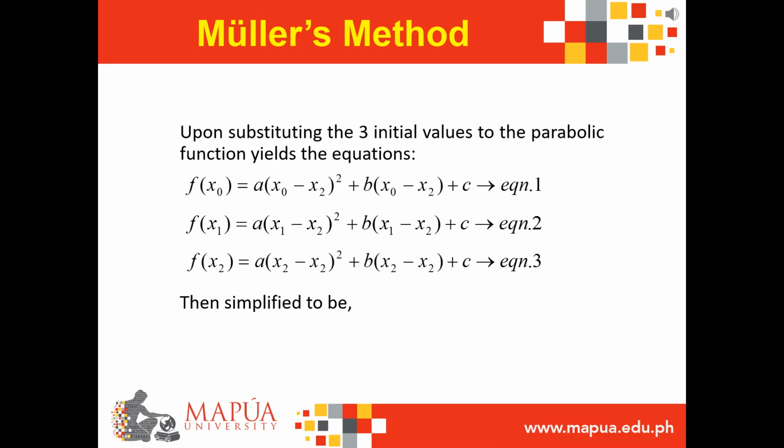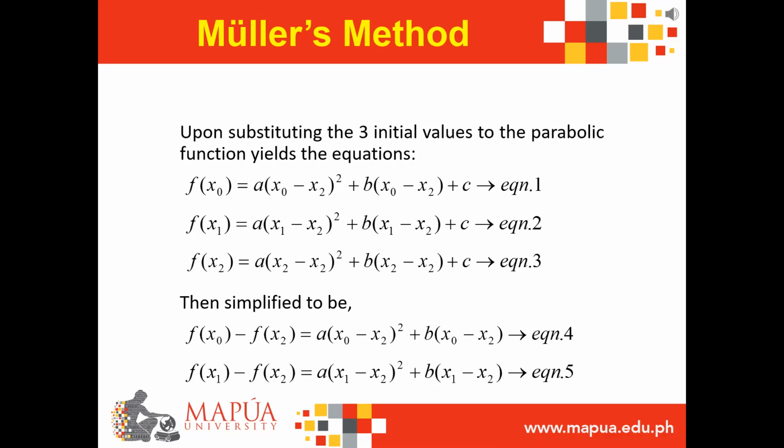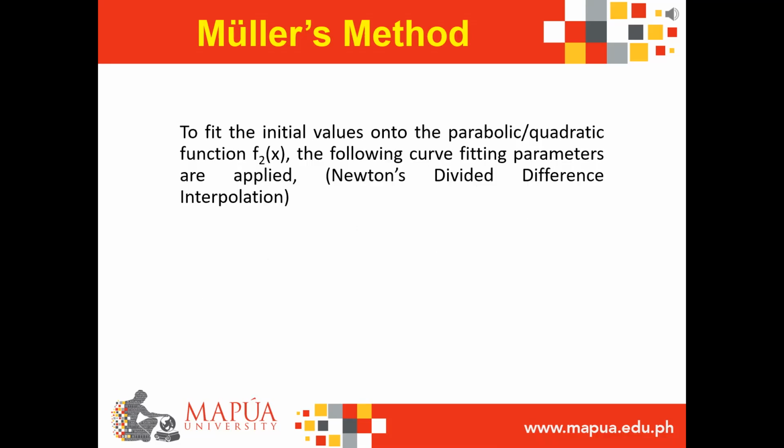Using this particular relation, we can simplify equations 1 and 2 to form equation 4 and equation 5. Equations 4 and 5 are then used with the curve-fitting parameters that are applied, stemming from the technique Newton's divided difference interpolation polynomial, which we will discuss later when dealing with curve-fitting techniques.